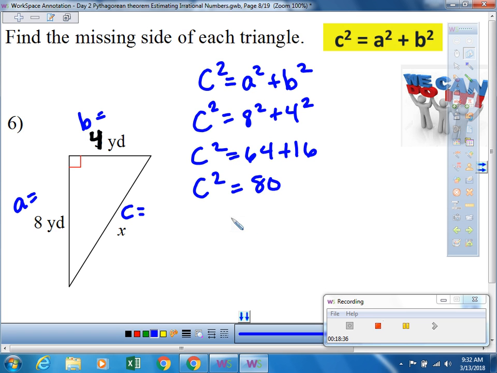Okay, I want you to try and factor out 80. See if you can come up with what C equals. So do the factor tree if you're not sure.